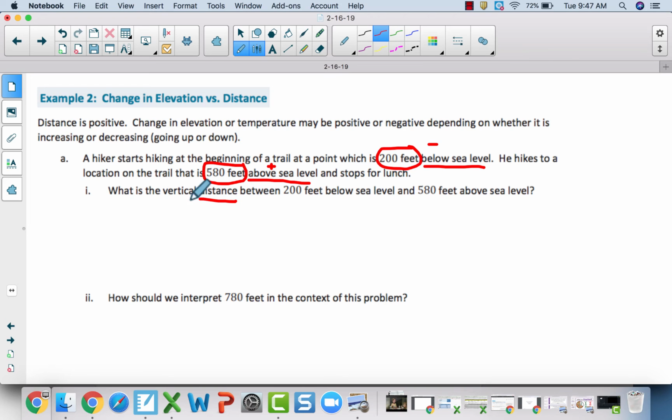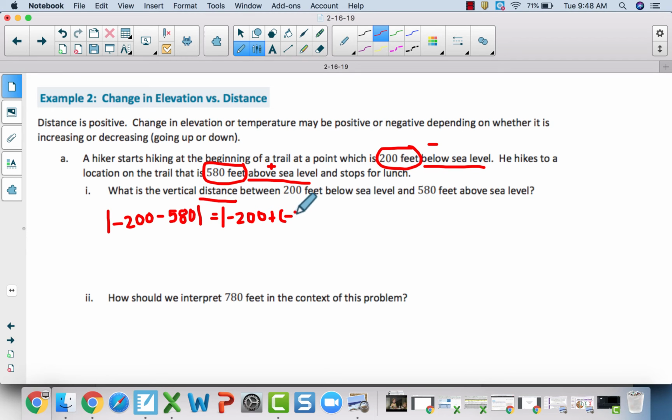So we can find the distance by using our distance formula. We can subtract -200 minus the positive 580. And remember, we're taking the absolute value of that to ensure that the answer always ends up being positive. Now, if we do our keep flip change, or we add the inverse, we would have -200 plus the negative.